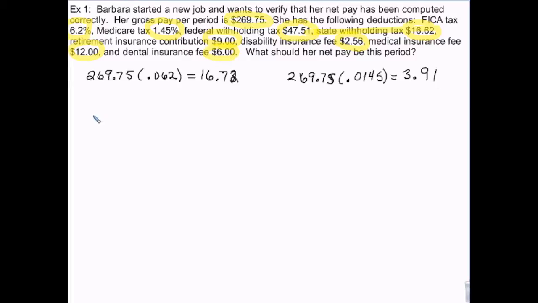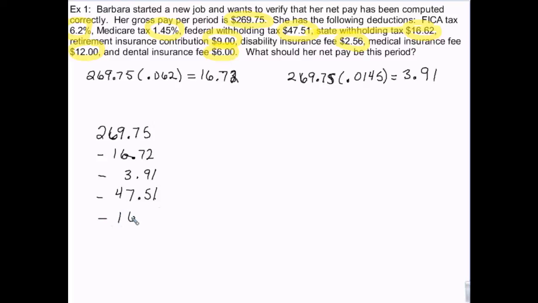All right, once we've got that, we can then calculate her net pay by subtracting all of her deductions. So we've got her Social Security, her Medicare, we've got federal withholding, that came directly out of the problem.